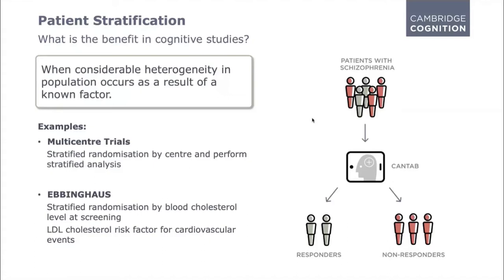And a second example of this is within the Ebbinghaus trial. Obviously one of the key risk factors in cardiovascular events is that initial level of cholesterol. That has a really important impact on the risk for cardiovascular events.